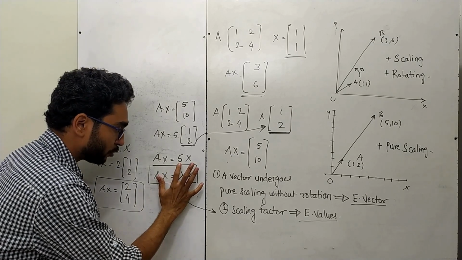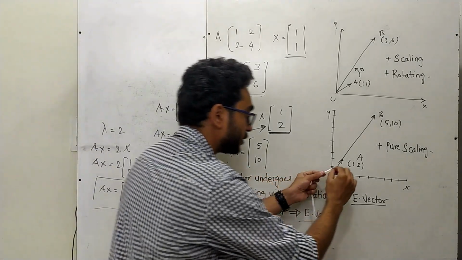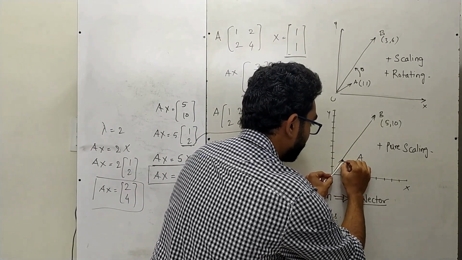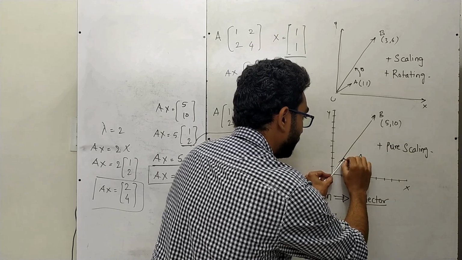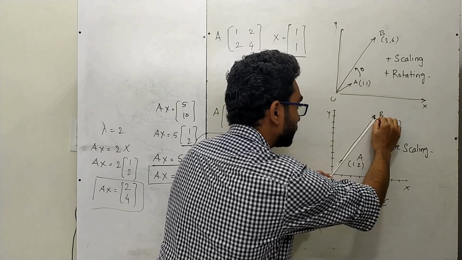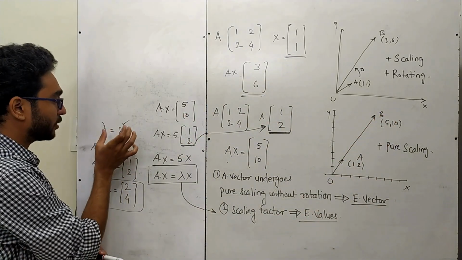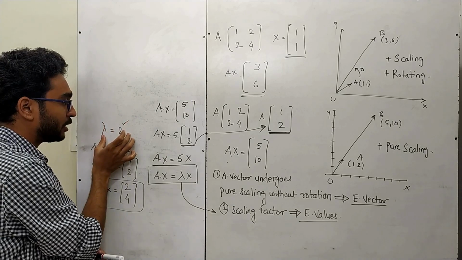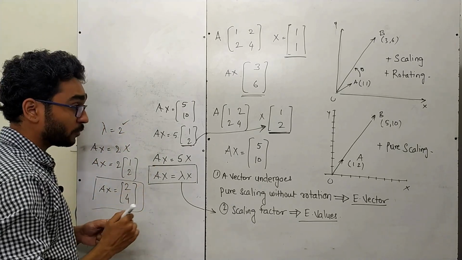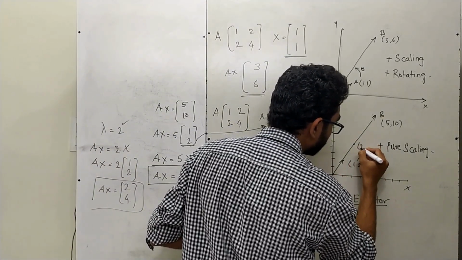If lambda is equal to 5, say the eigenvalue is 5, then simply what we are doing here is scaling this vector, that is OA, with lambda equal to 5. So we will get OB. If I scale a vector with lambda equal to 2, I will get AX is equal to (2, 4).